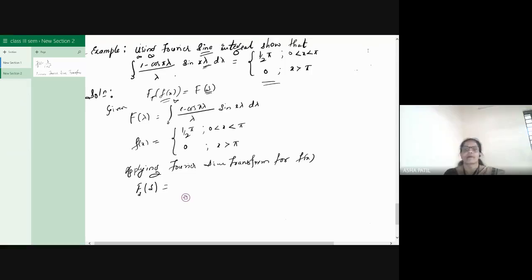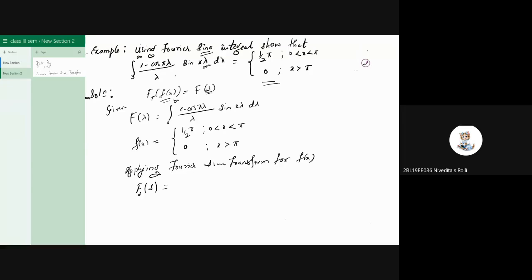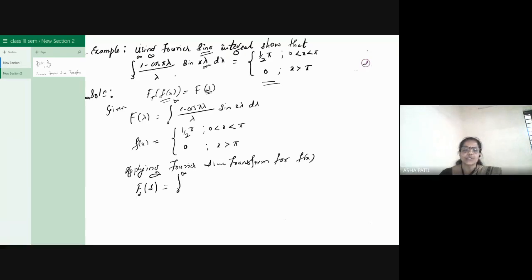Yes, ma'am. What is the formula for the Fourier sine transform? Integration from 0 to infinity f of x into sin sx dx. Right, so this is your formula for Fourier sine transform.